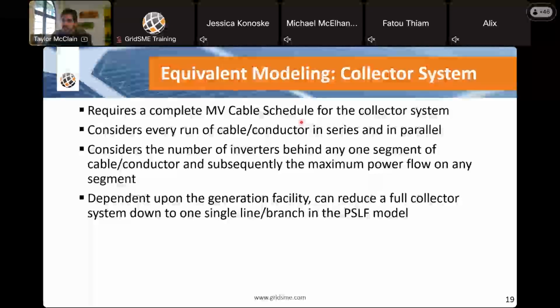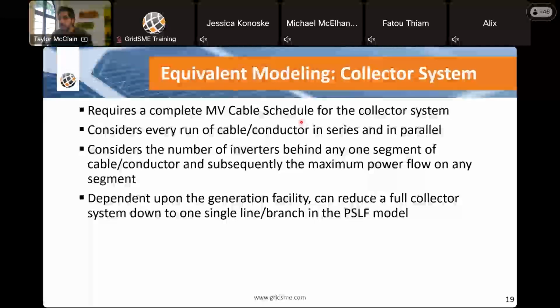And essentially, you're creating a single line in your model that has resistance, impedance, and a susceptance value that equates to what it would look like if we were to model each of the generators, transformers, and cable sections individually. So through this technique, mathematically proven, it is very close. If you actually take the step to explicitly model a full facility versus comparing it, the losses come out very, very similar.